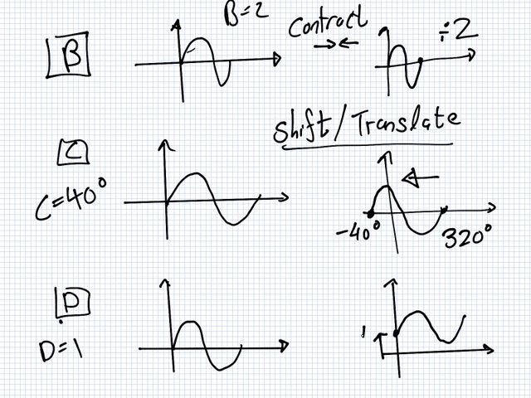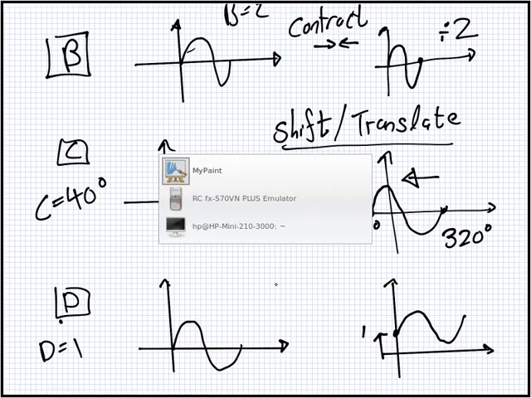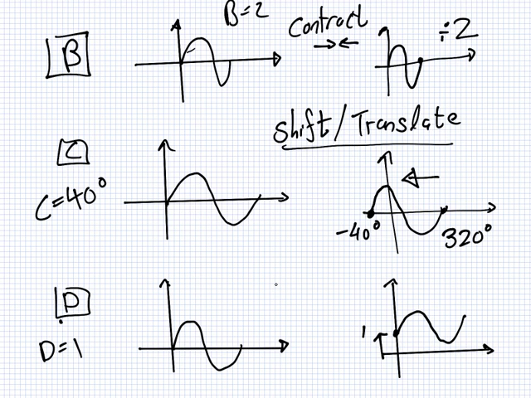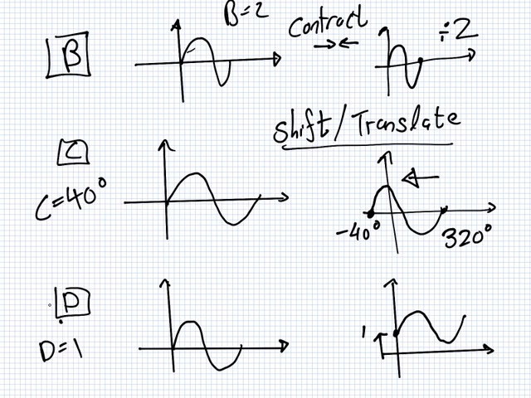Now what we'll do next is we'll put all this together to make one complicated graph. Let's get one. No, wrong program.